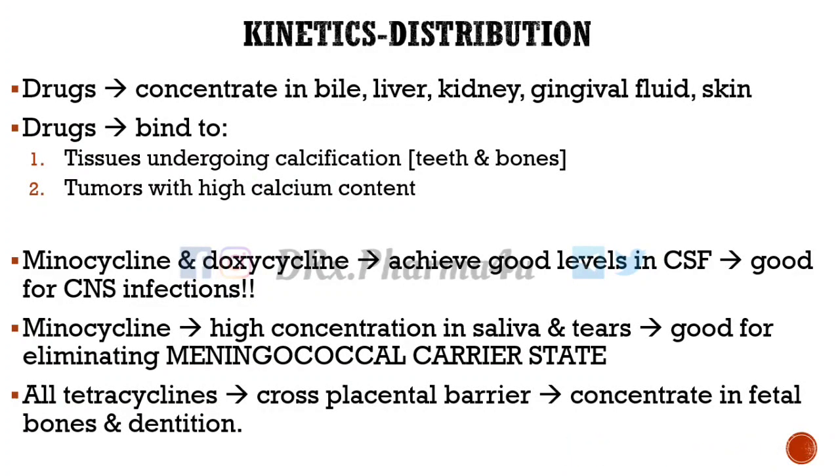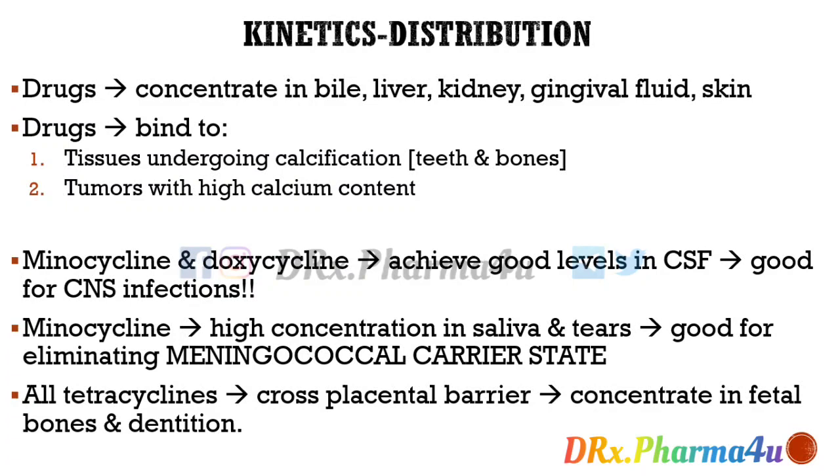In that condition, you can use minocycline as a preventive medication because minocycline attains high concentration in the saliva and tears also. So it is very good for eliminating meningococcal carrier state. So even if you got it from somebody, you will not spread it to others.